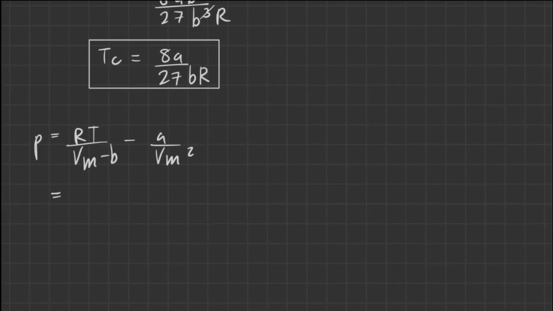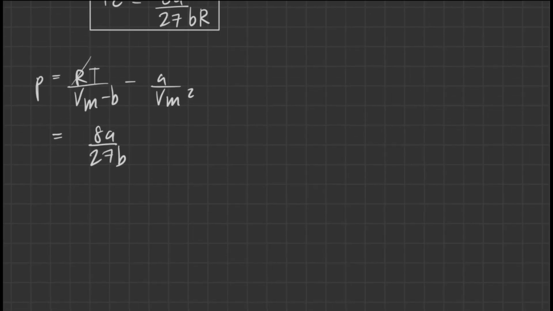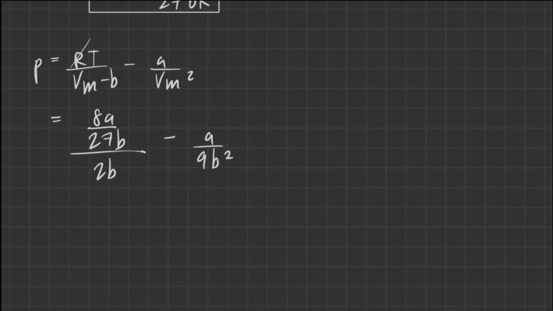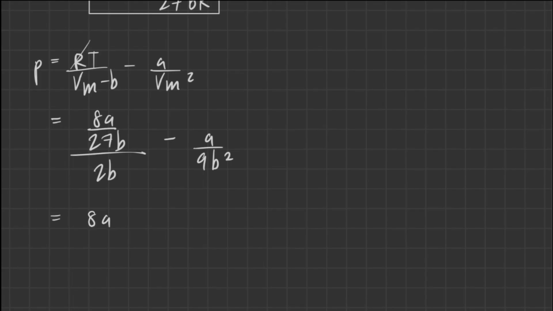So it's equal to, these R's will cancel out, 8a over 27b over Vm minus b, which is 2b, minus a over 9b squared. So this becomes this.